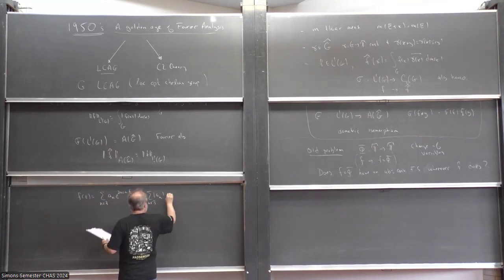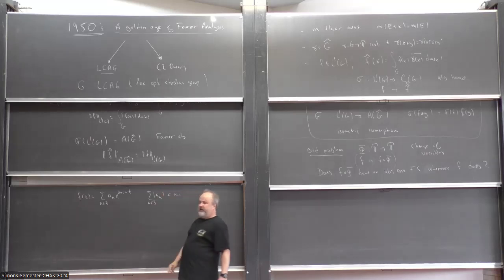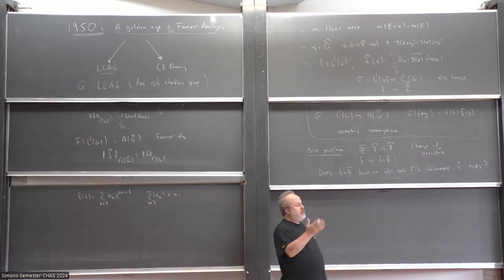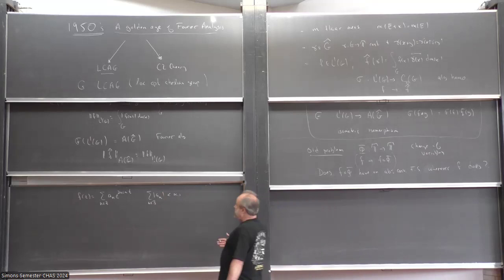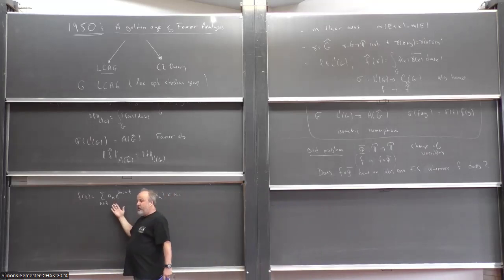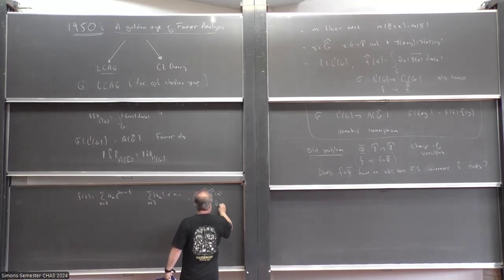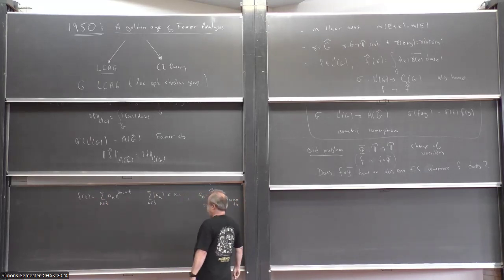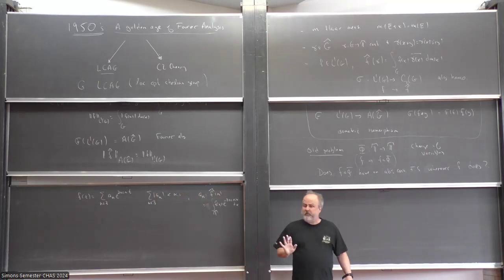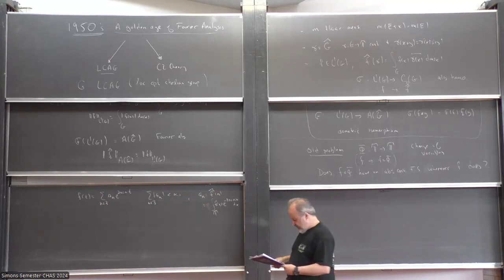And when this happens, this thing converges for every t, converges uniformly, and converges to the value of my function f. Here the a sub n are just the Fourier coefficients of my function. I can recover them by simply integrating my function against e to the minus 2 pi i n x, with respect to the Haar measure on the circle. That's what we mean by an absolutely convergent Fourier series.